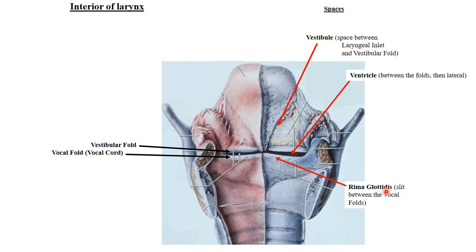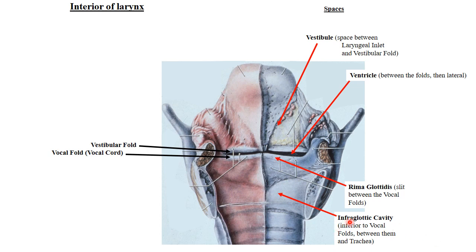All right, and then we go to the next step. This down here is another space. After we pass through the rima glottidis, we're now in a space. If I go any further down, I'll be inside the trachea. But right here, I'm in the last space of the larynx before I head into the trachea. And this is the infraglottic cavity. Well, it makes perfect sense.